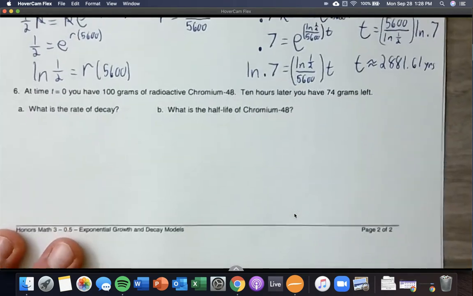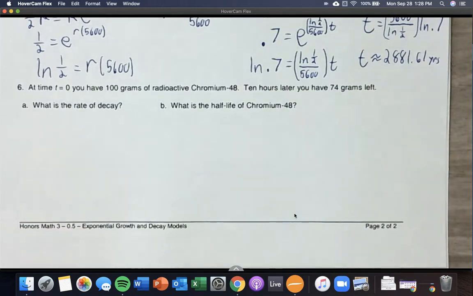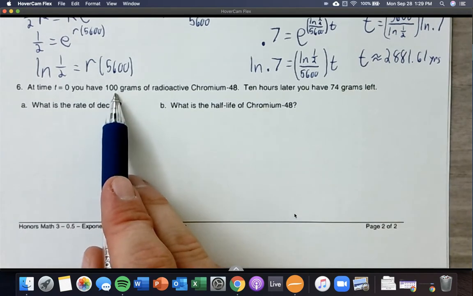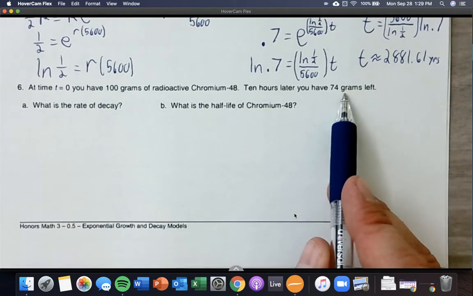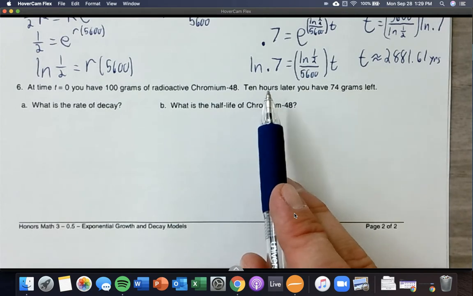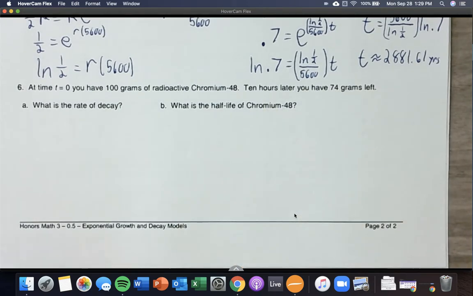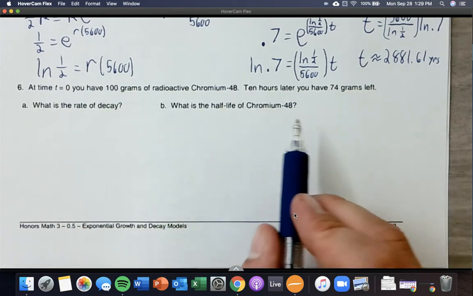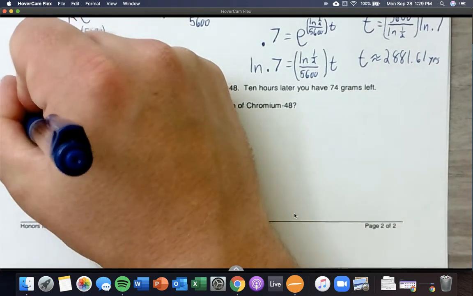All right, so last one. At time t equals 0, you have 100 grams of radioactive chromium-48. 10 hours later, you have 74 grams left. What is the rate of decay? All right, so we have the original amount, we have the new amount, and we have the time. So we just have to plug those into our equation to solve for r, the rate. So we can say the amount is 74.